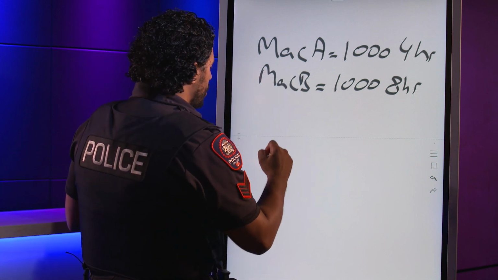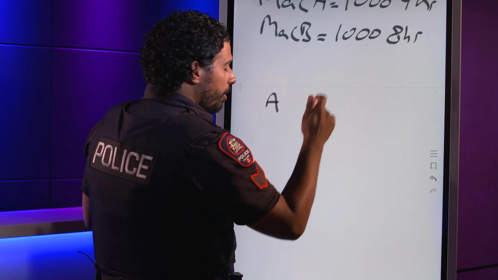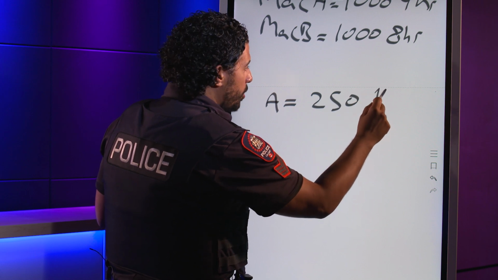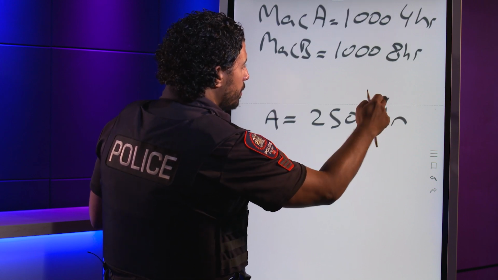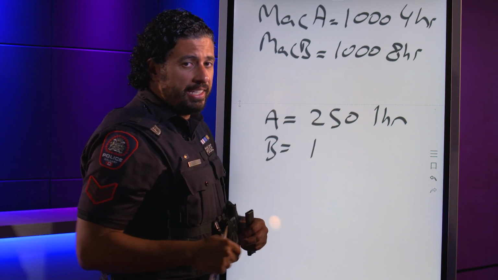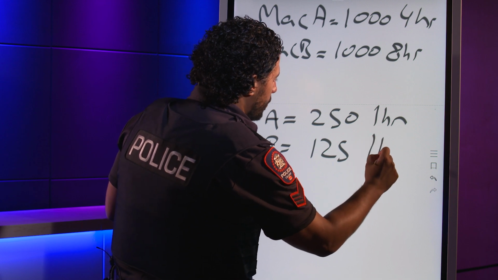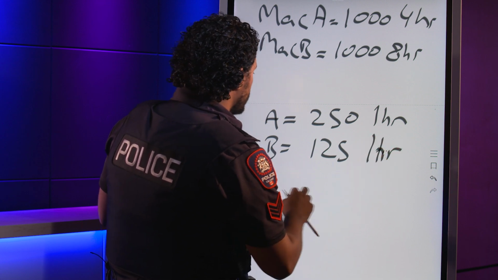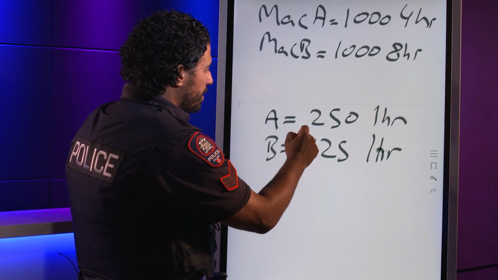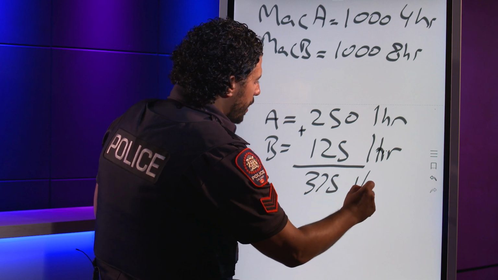So you do 1,000 divided by 4, so machine A would equal 250 sausages per hour, and machine B, 1,000 divided by 8, would equal 125 sausages per hour. So together, working together in 1 hour, you do this plus this, equals 375 sausages per hour.